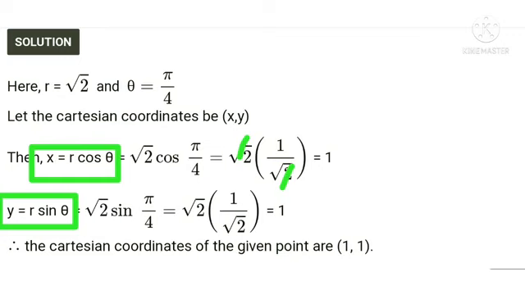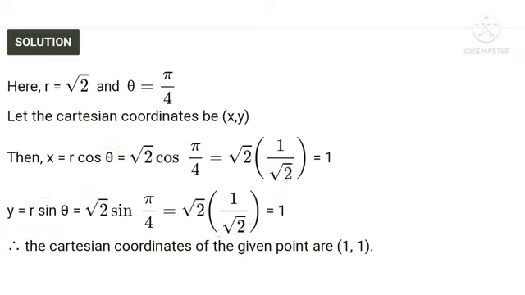And similarly y is equal to r sin theta. R means here root 2 sin pi by 4, root 2 as it is, the value of sin pi by 4 is 1 upon root 2, root 2 gets cancelled, answer is 1. So we get the Cartesian coordinate of the given point as (1, 1).